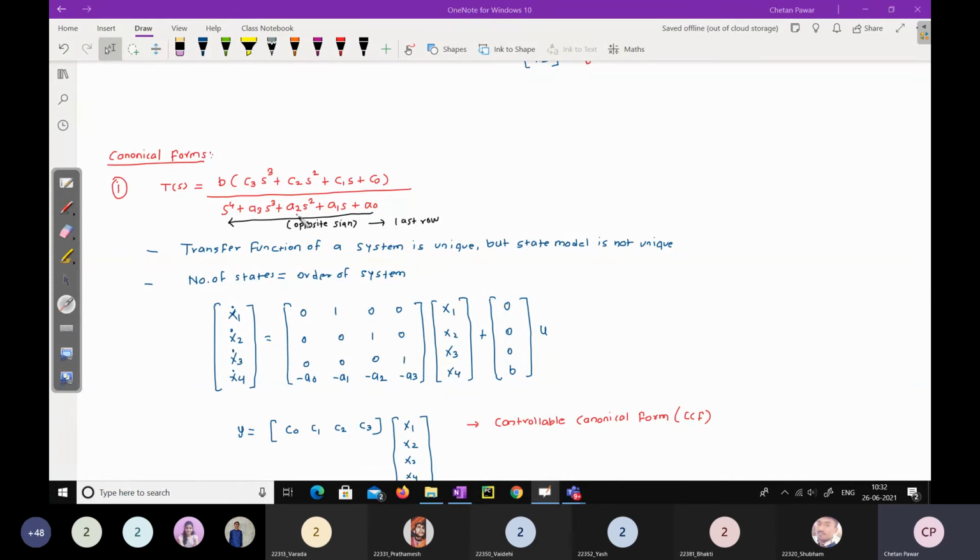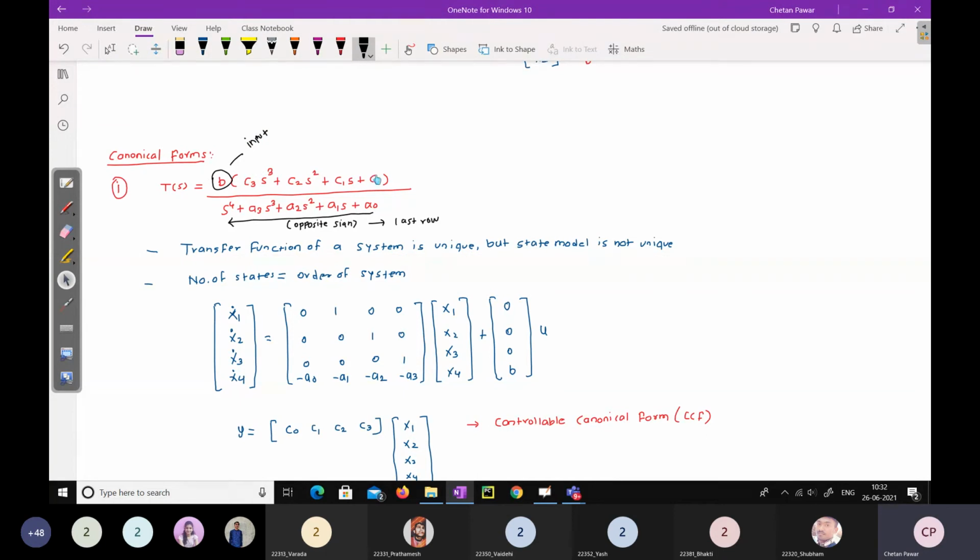Now, in the numerator, 0 0 0 b, this term will decide the input, and this term will decide the output.